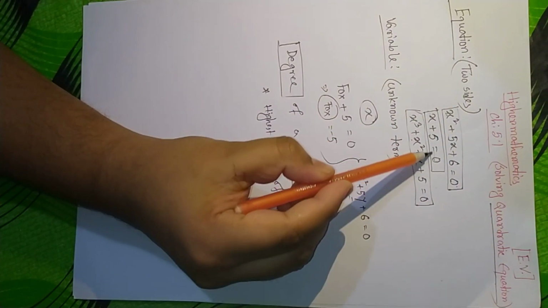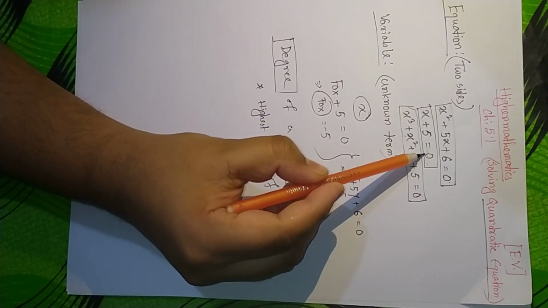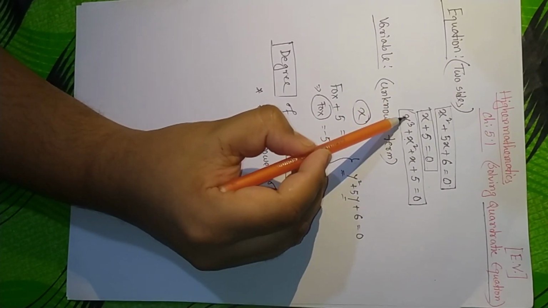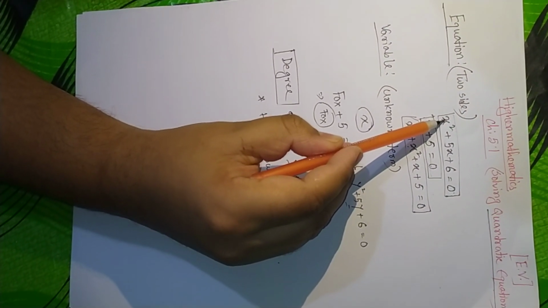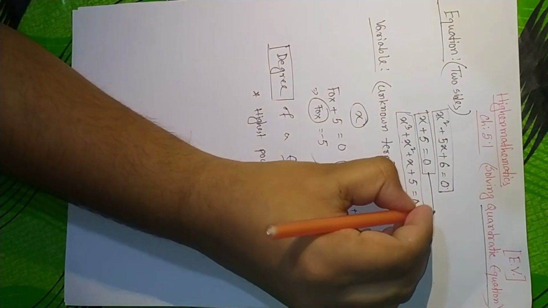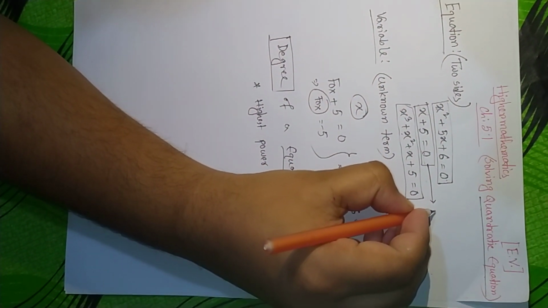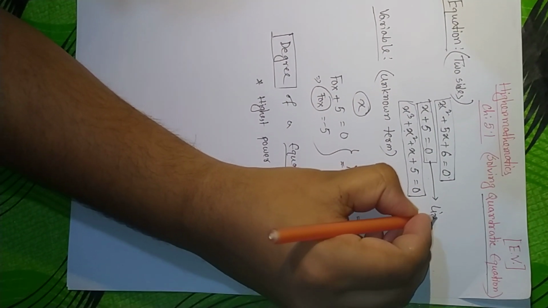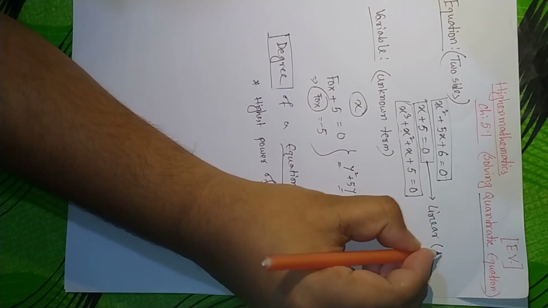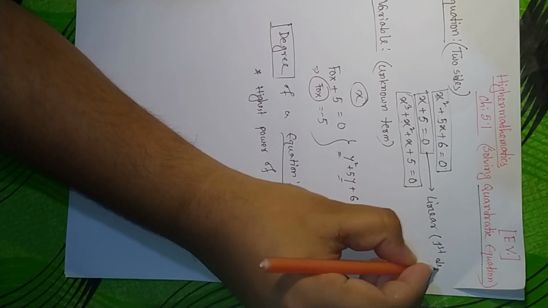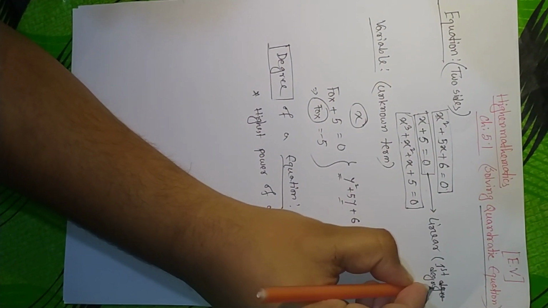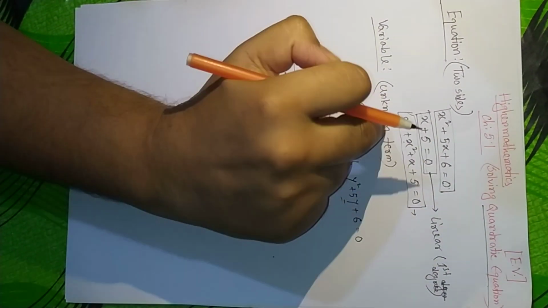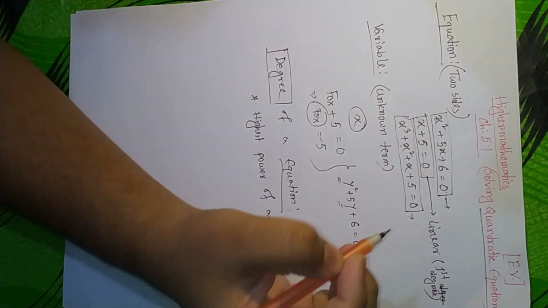Since the highest power of this equation is 1, it is a 1 degree equation. This is a 3 degree equation because 3 is its highest power, and this is a second degree equation. So a first degree equation is also known as a linear equation. This is a third degree equation, and this is a second degree equation.